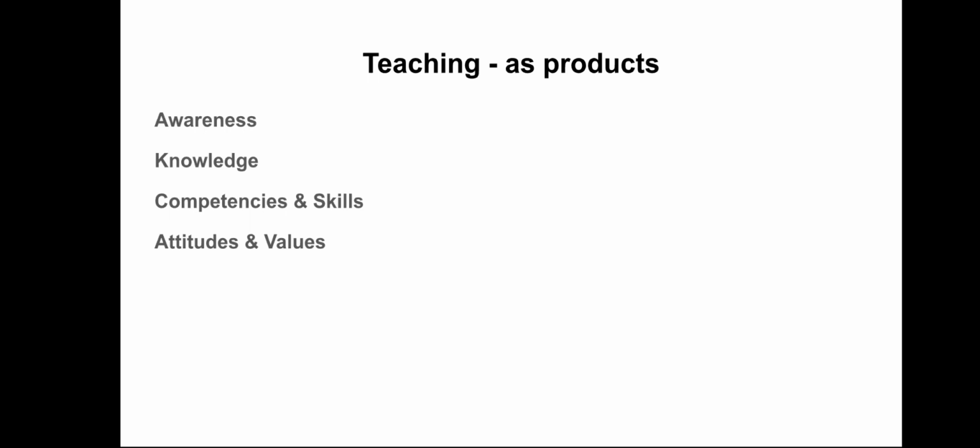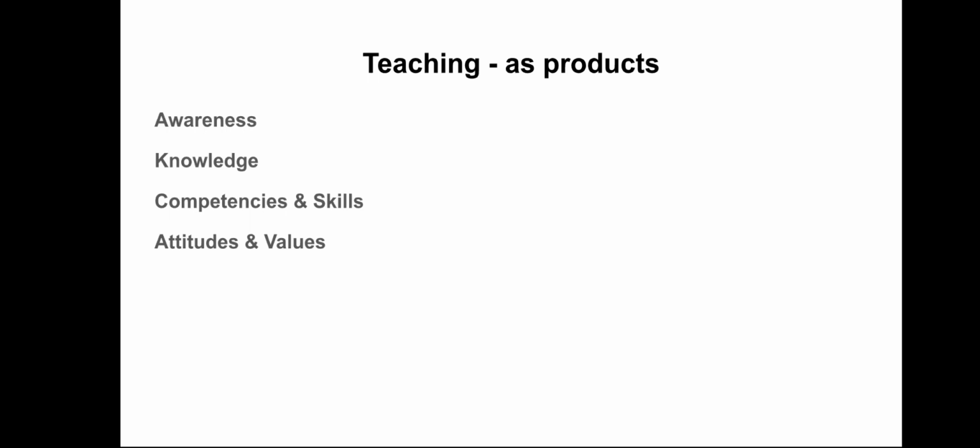Then attitudes and values, that shall be the highest level of products as a result of any teaching, not easily attained by one or two lessons, but by a period of studentship, through years or through various activities and engagement. The attitudes and skills shall be acquired.